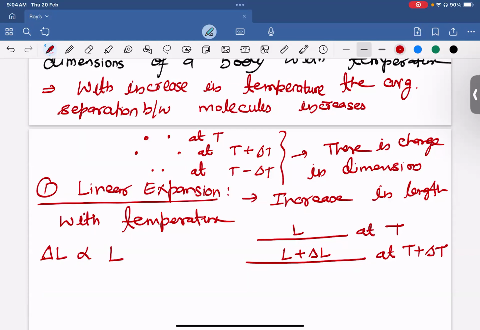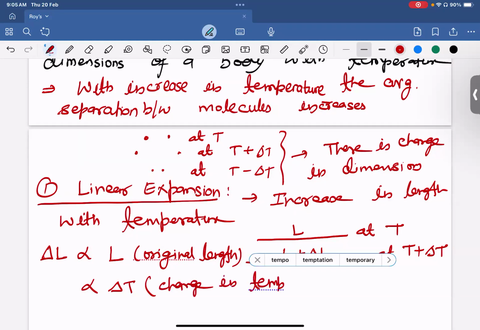It depends upon L, that is original length, and also it is proportional to the temperature change, how much you have increased the temperature, that is change in temperature.